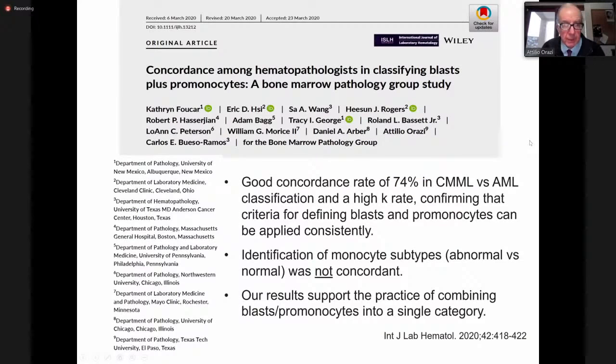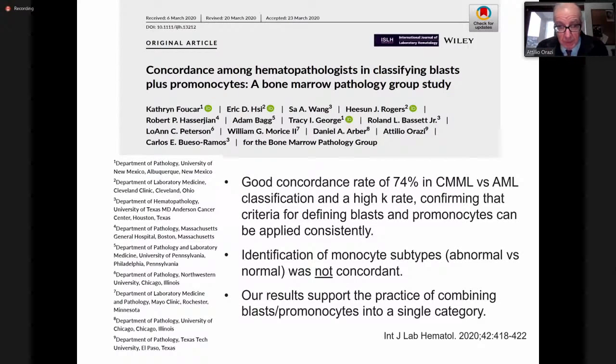You might want to read this paper we did recently, published in 2020 in the International Journal of Laboratory Hematology by Kati Fuchs, Eric, and a bunch of other people from the bone marrow pathology group. We blindly reviewed slides among us, and without knowing the other person's diagnosis, we reached good concordance, 74%, to separate CMML from AML, just looking at blasts and promonocytes.